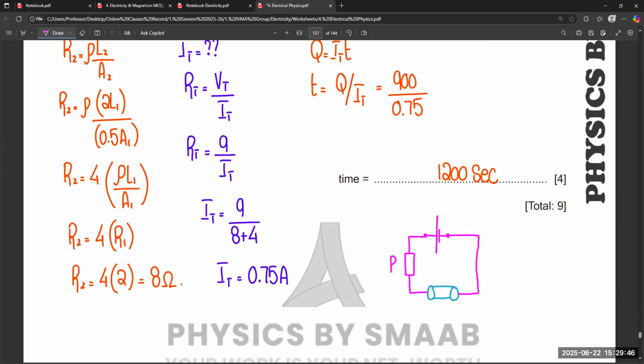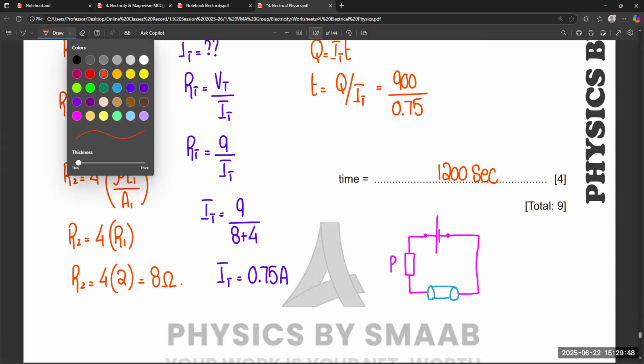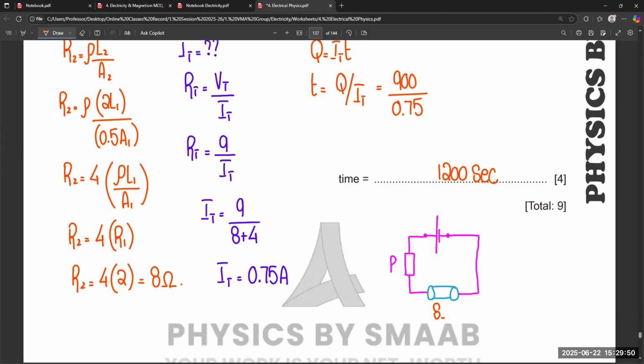So we find out the new resistance, and the new resistance of the cylinder is 8 ohms. And already we are using a fixed resistor in the circuit, which is equals to 4 ohms, just like mentioned in the first part of the question.